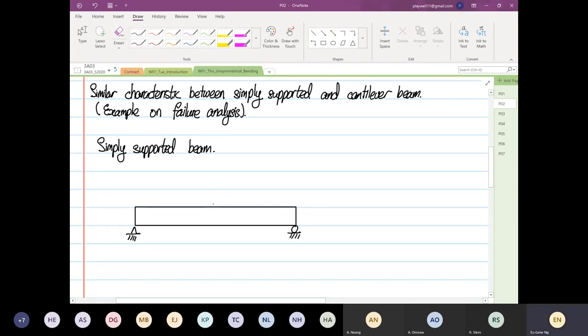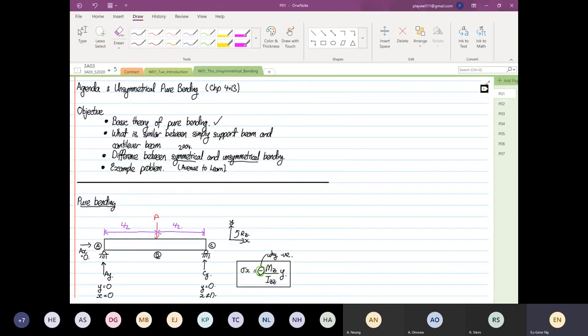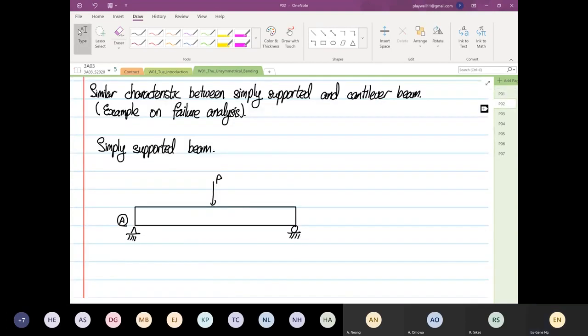I have a load P coming down at point A. We have our point B and point C, at a specific distance. And this is our L/2.